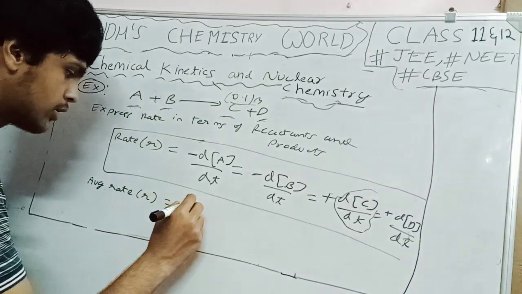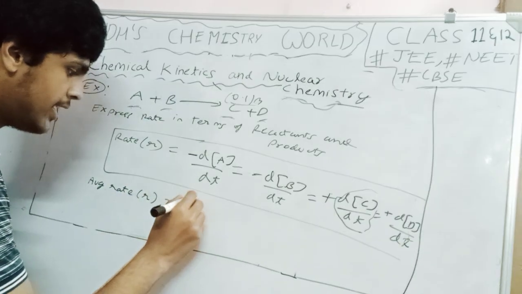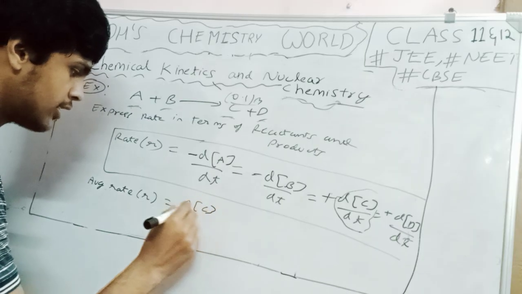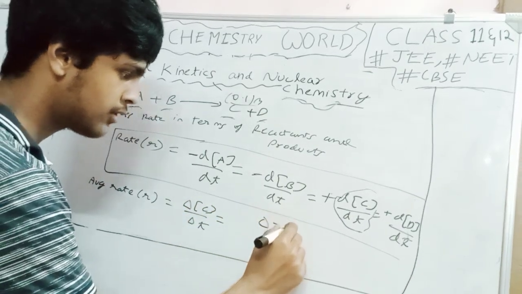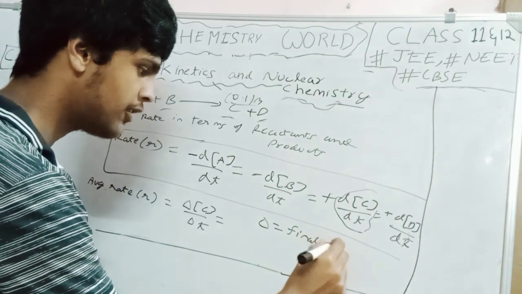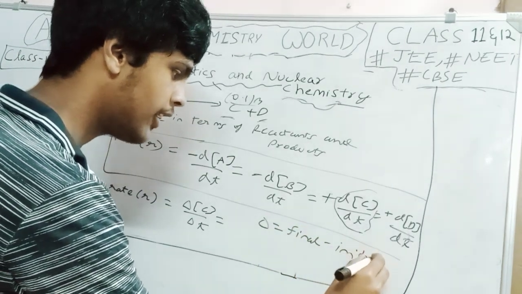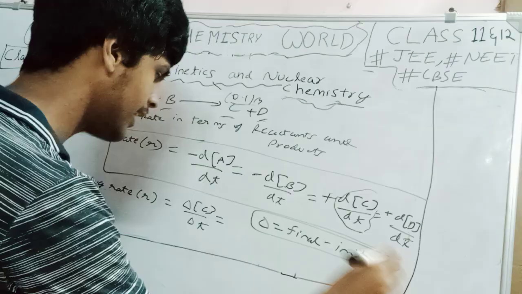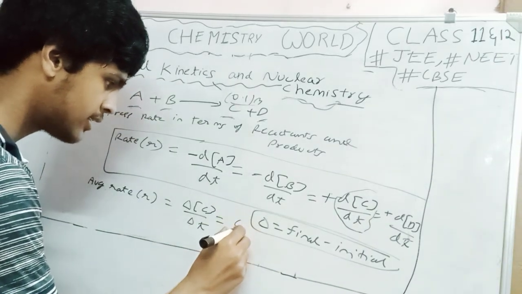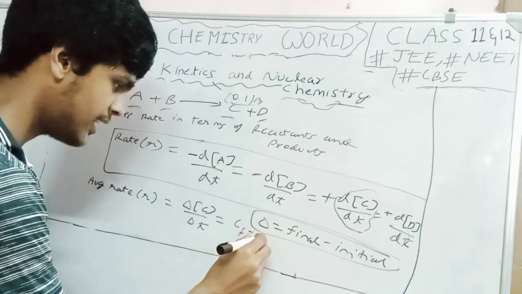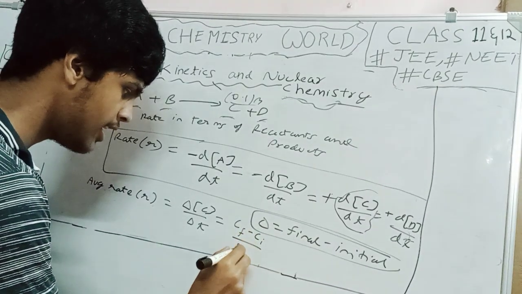Average rate R is equals to delta concentration of C by delta T. Delta is nothing but change, that is final minus initial. You should write that, let's write like this. Final, let us say CF, represents CF minus CI by TF minus TI.